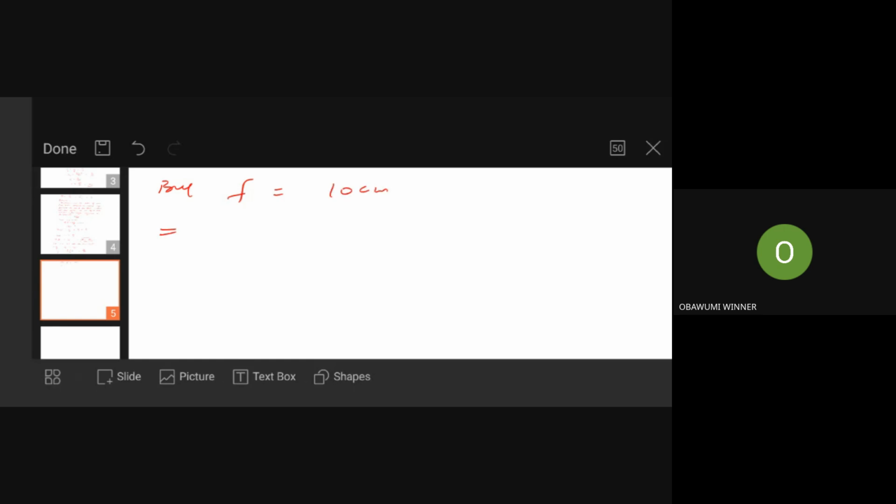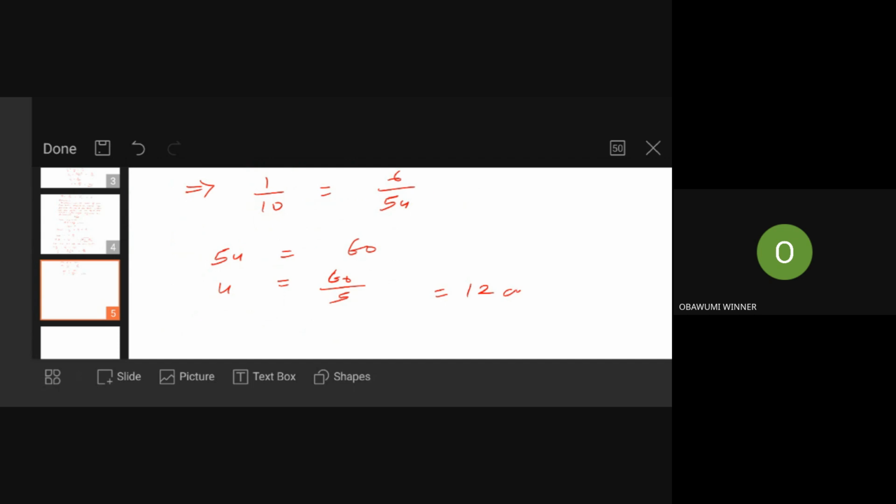So I can have 1 all over 10 is equal to 6 all over 5u. If I cross multiply once again, my 5u is equal to 60. Then if I divide, my u becomes 60 all over 5, and 60 all over 5 is nothing but 12.